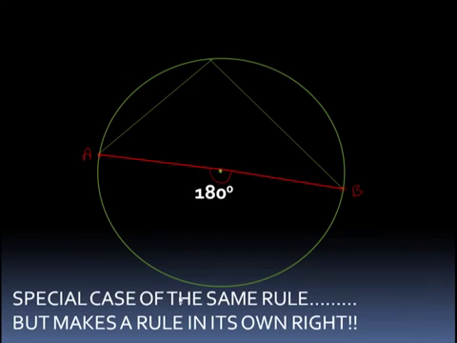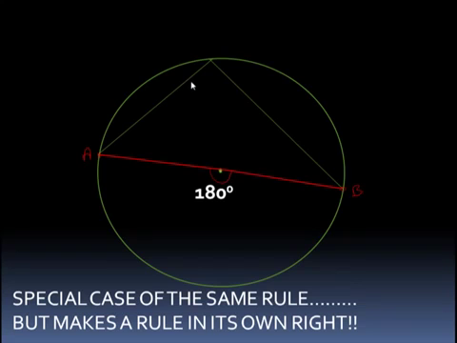Yeah, this is a special case of the same rule we have been looking at all along, but makes a rule in its own right. Yep, this angle is 180 degrees. And so if this is an angle, we're looking at its leg here, standing at point A, and the next leg here, standing at point B. Do we have another angle standing on the same points A and B?